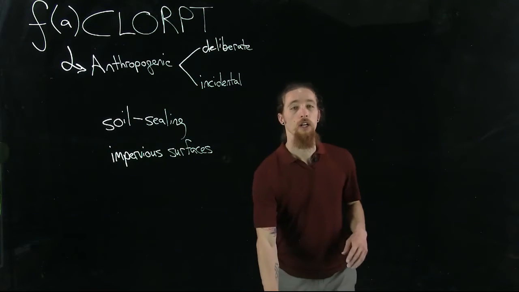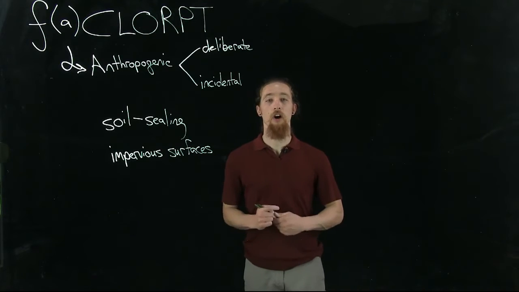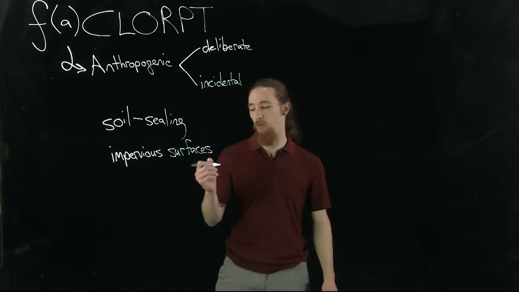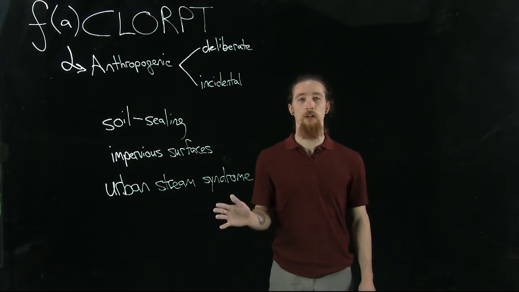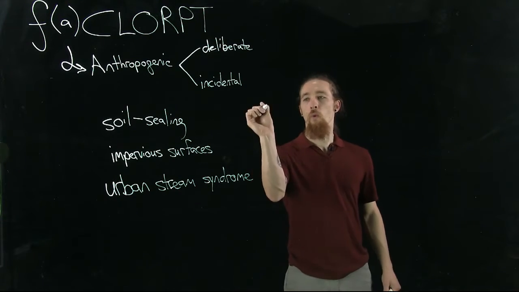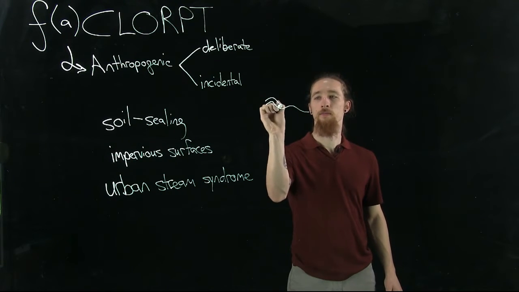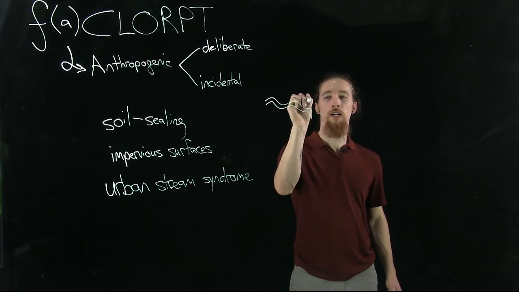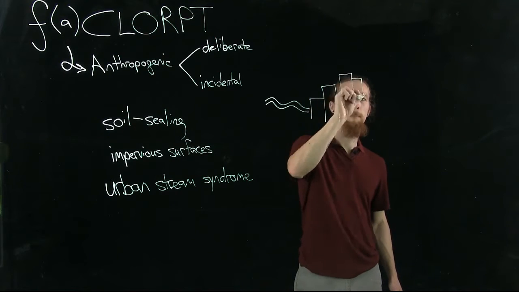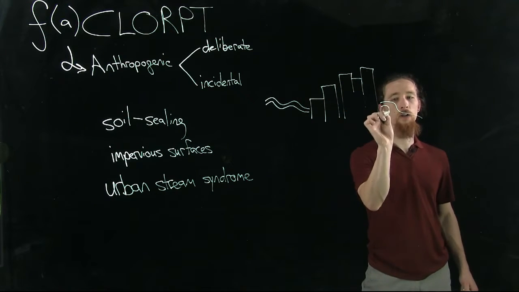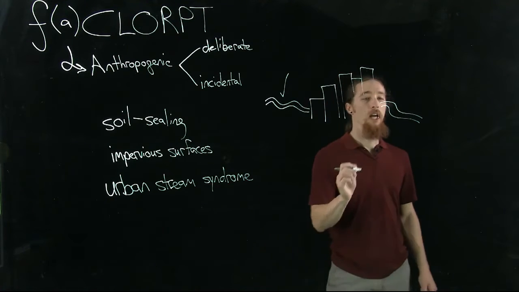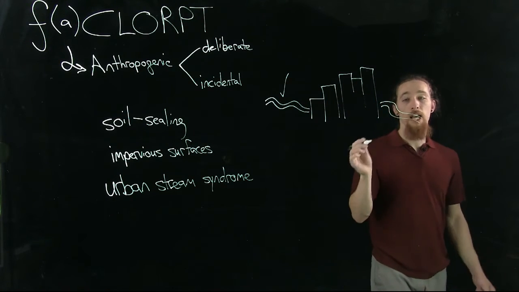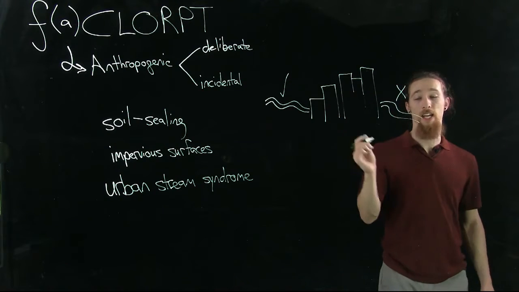This is all encapsulated within something called the urban stream syndrome. The simplest way to talk about the urban stream syndrome basically means water flowing along before it reaches a city versus when it's flowing out. It can be good over here, like this can be okay. And then over here, it's very much not okay.